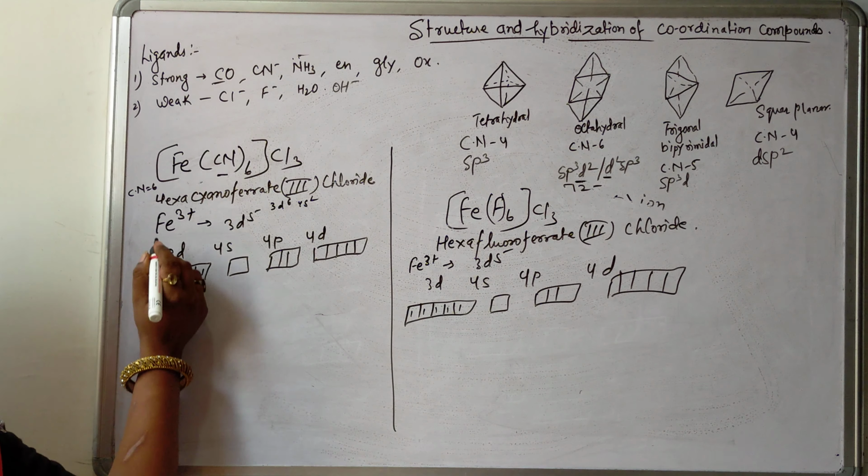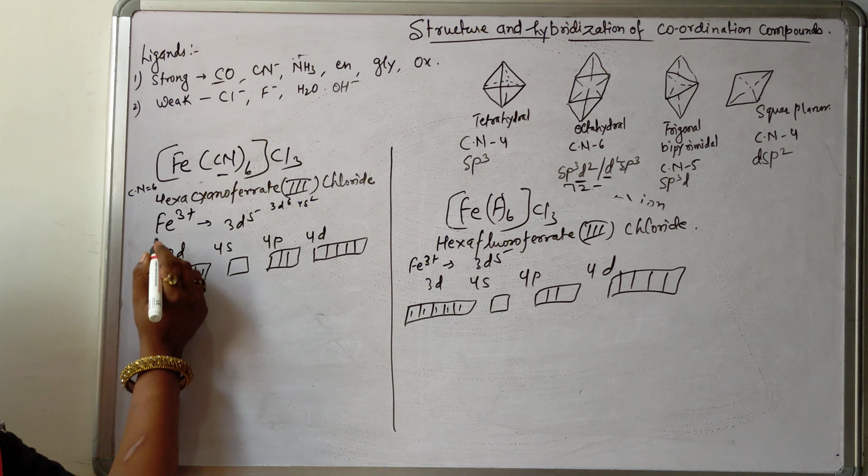[Fe(CN)6]Cl3. What will be the configuration? 3d, 4s, 4p, 4d. Understood? 3d, 4s, 4p and 4d. Okay.